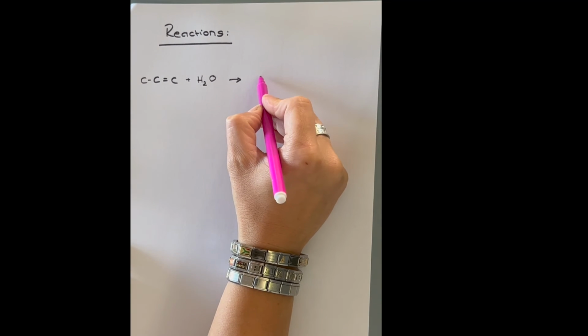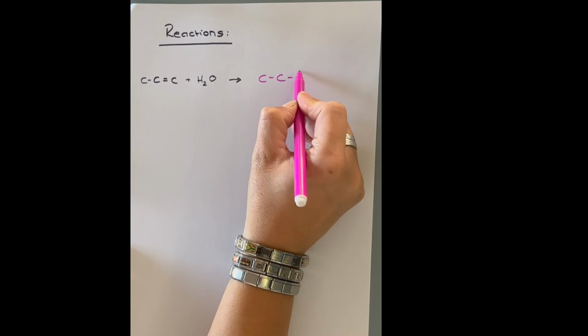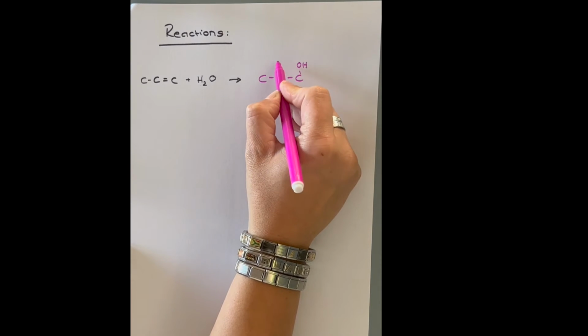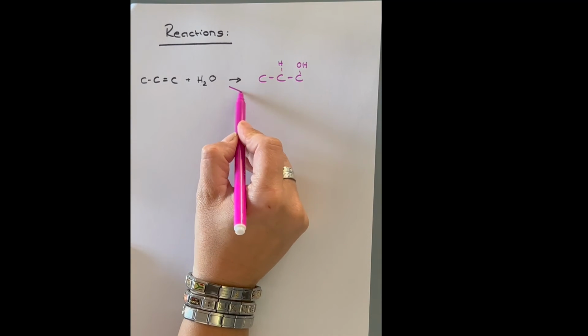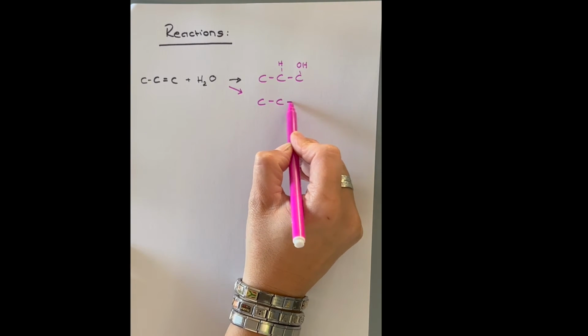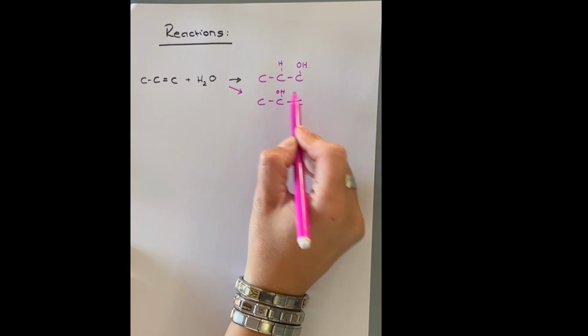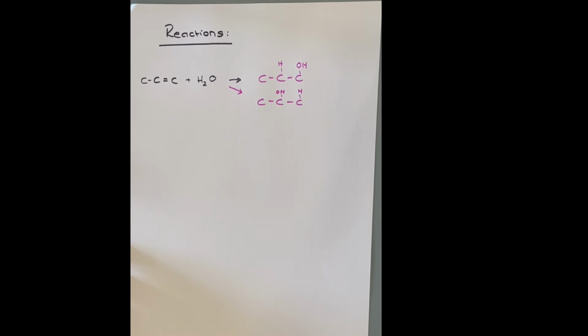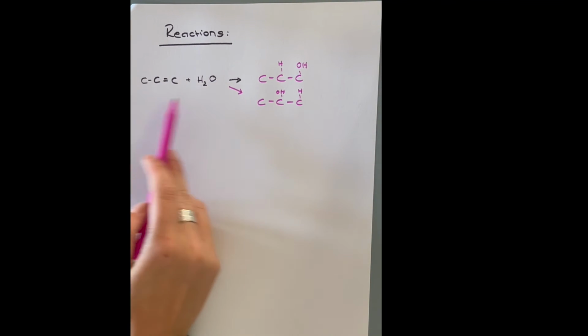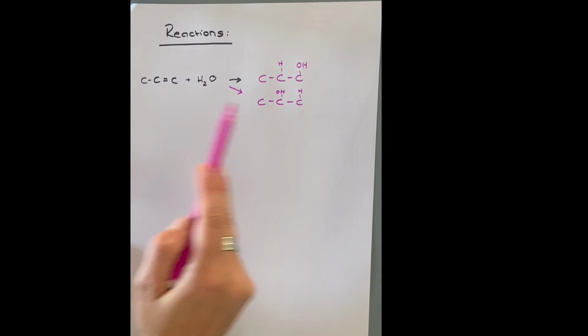So what we have here is a molecule that either has an OH and an H on that side, or it could be a molecule that has an OH and an H. And remember Markovnikov's rule, the rich gets richer. So these are the two potential products.